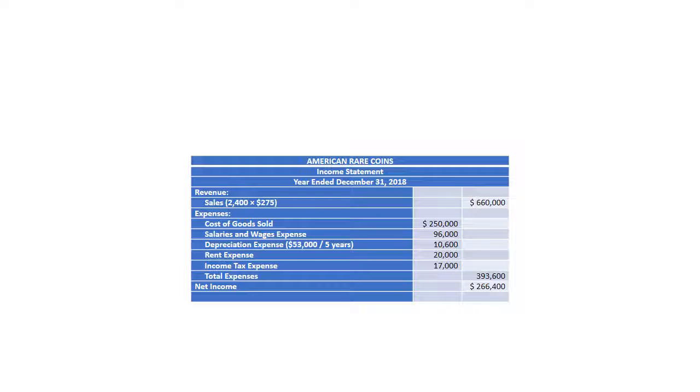Once again, the sales are determined in Part D. The cost of goods sold was given in Part D. The salaries expense was given in Part E. Depreciation expense is determined on the information in Parts B, 1, $53,000, and H, 5 years. Rent expense was given in Part B, 3, and then income tax expense was given in Part F.